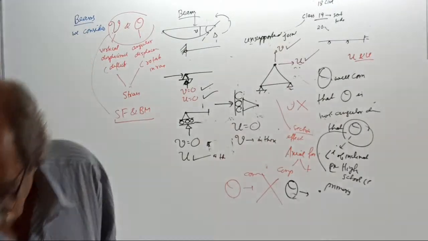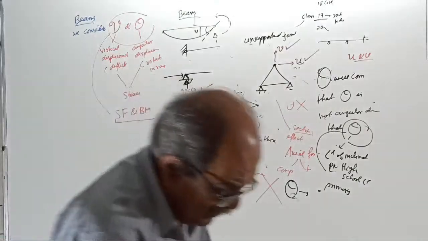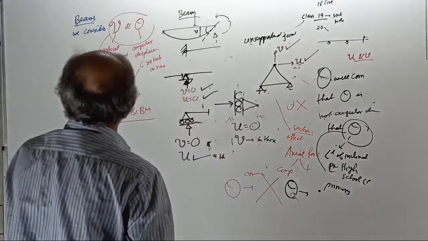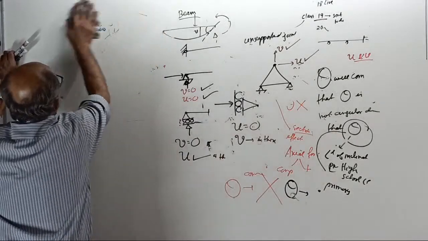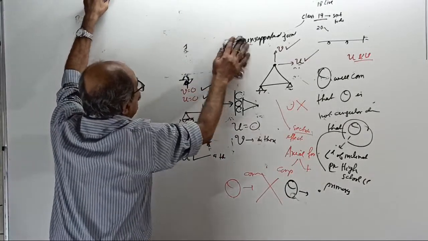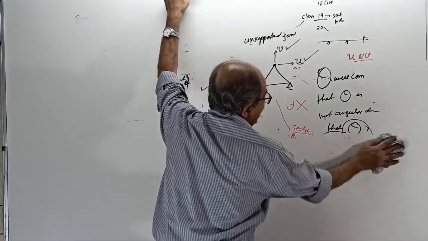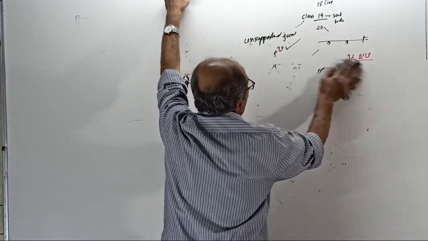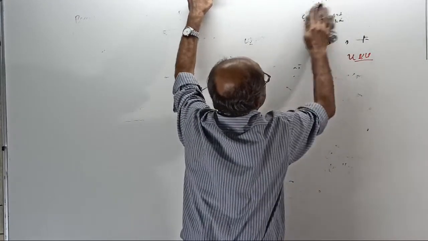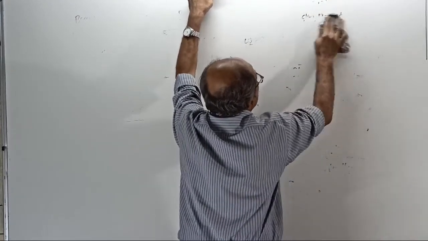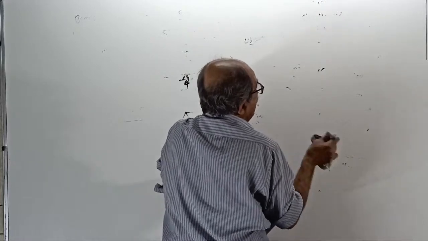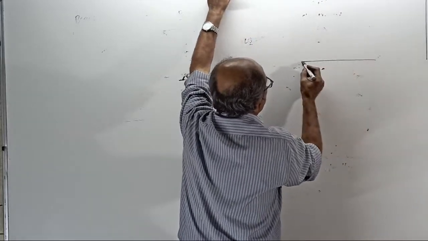Clear? Okay. Now, step by step, I will give the procedure for how to solve the question. One more thing: you cannot do big frames in class. Why? For that, software is there. Those who are coming to the ETAP batch, remember, a little later in ETAP I will prepare a truss of this type, a huge truss.